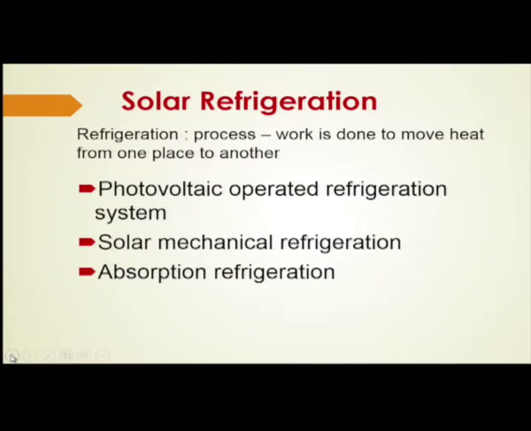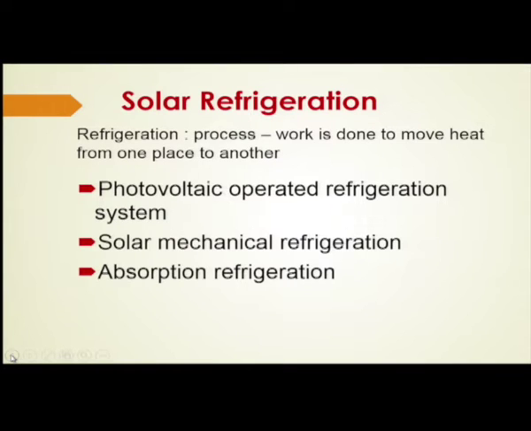Here we are going to see only the major 3 types of solar refrigeration. The first one is the photovoltaic operated refrigeration system. The photovoltaic panels are used to convert sun radiation into electrical energy, so this refrigeration uses electricity from the PV panels to operate the refrigeration system.